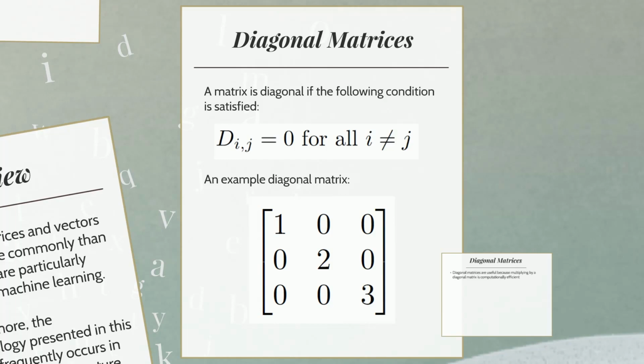As you can see in this 3x3 matrix at the bottom, index 0,0 has a 1, index 1,1 has a 2, and index 2,2 has a 3. So when i is equal to j, we have a value. However, for all i not equal to j, we fill in those entries with zeros. So this is a diagonal matrix.